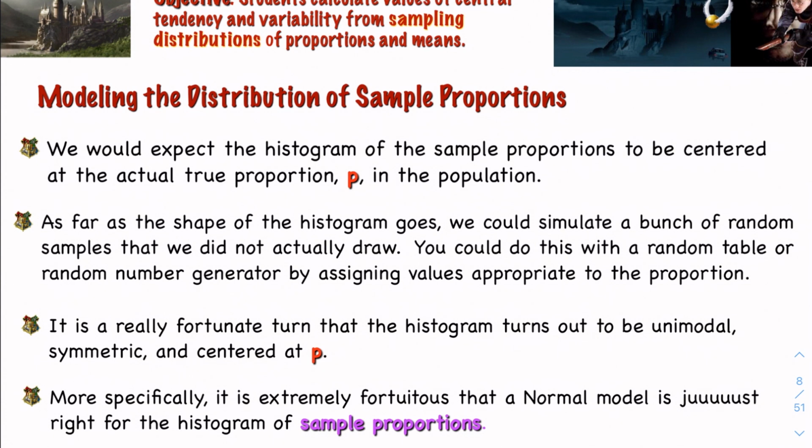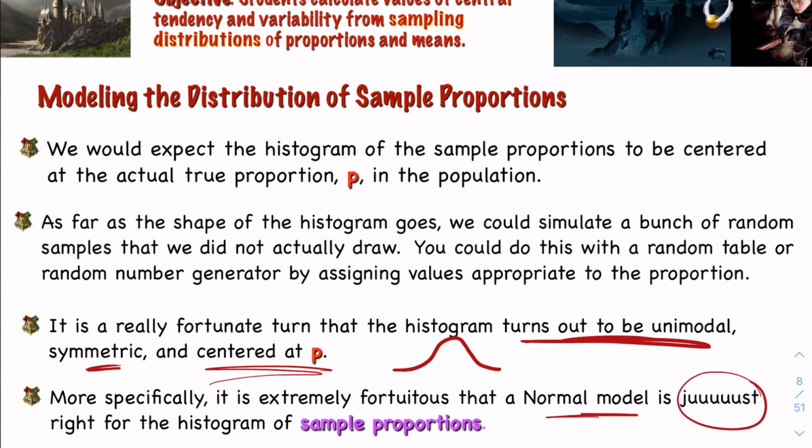It is a really fortunate turn that the histogram will always turn out to be unimodal, symmetric, and centered at P. This is by no random act, but the more samples that we collect, our data will start to look unimodal and symmetric and centered at P. You should think that our data is starting to look like a normal model. So more specifically, it is extremely fortuitous that a normal model is just right for the histogram of sample proportions.